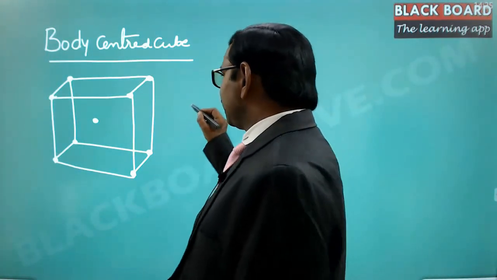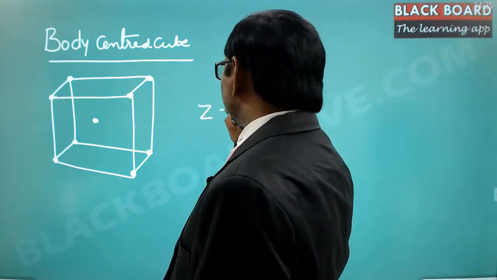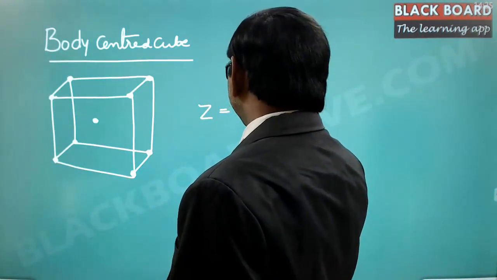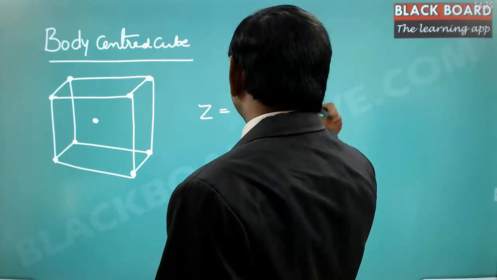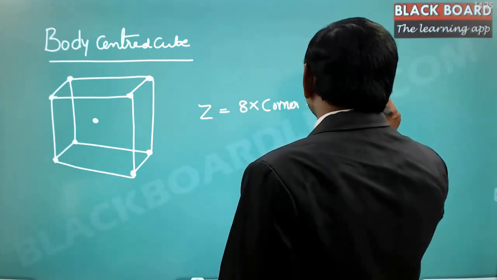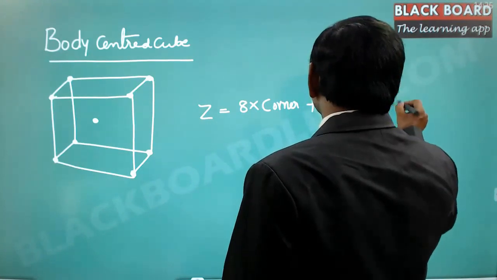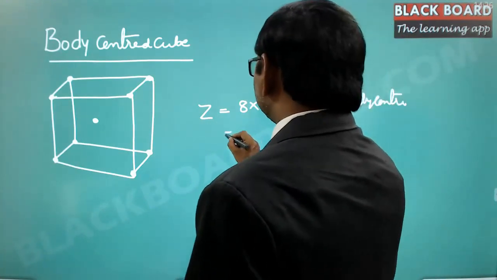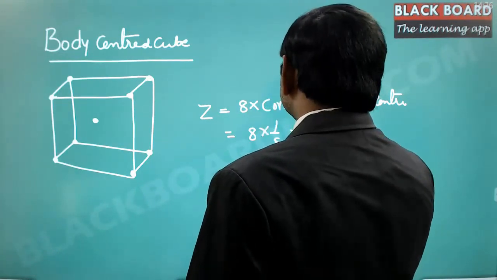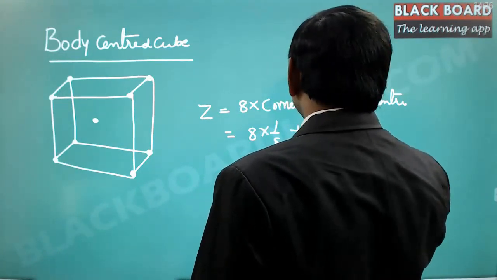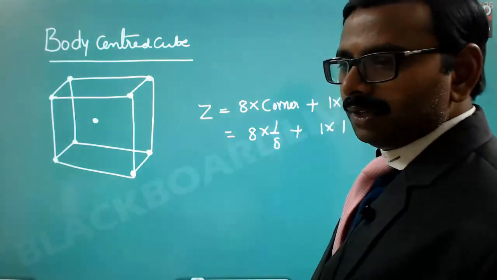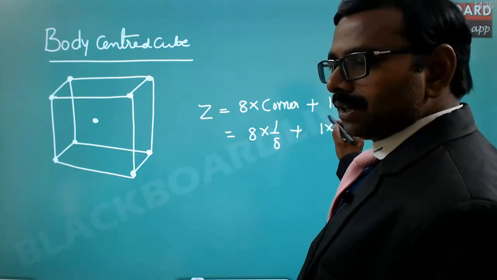Now we calculate Z. Z is equal to 8 into corner plus 1 into body center, which is 8 into 1 by 8 plus 1 into 1, because the body center contribution is 1.